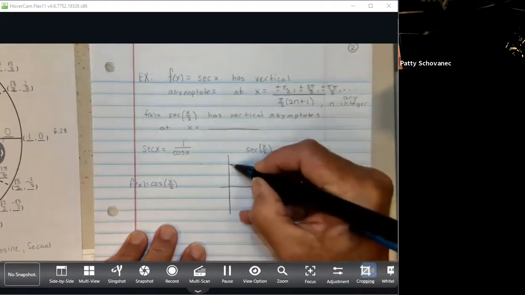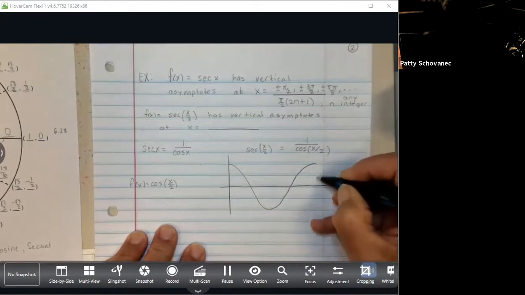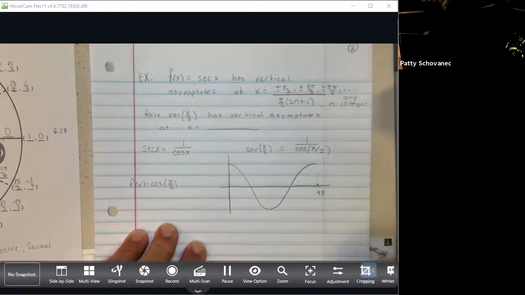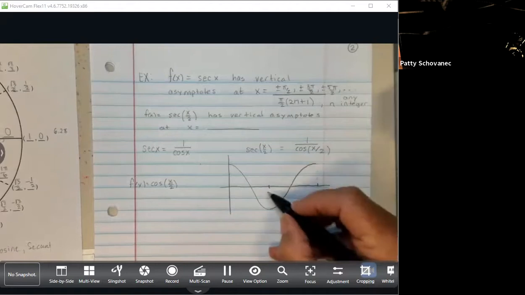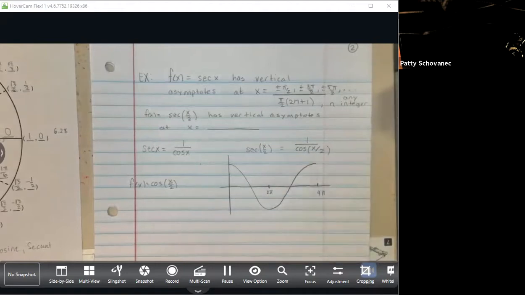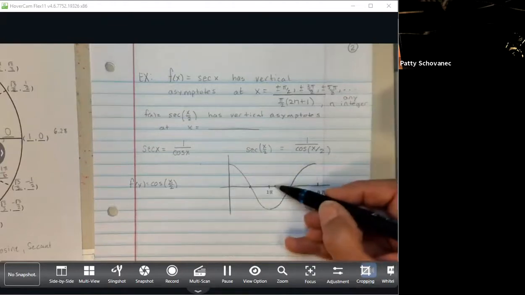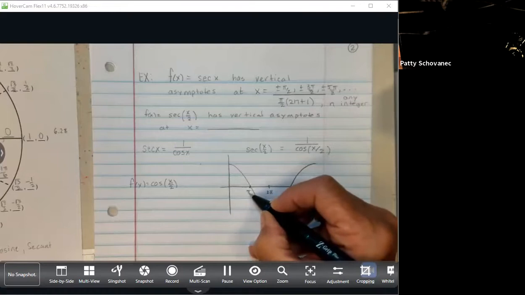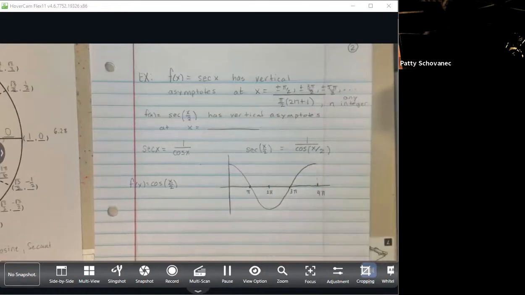So it does one cycle of this from 0 to 4 pi. That middle point there has to be the middle point of this line segment. So this has to occur at 2 pi. That means this 0 is the midpoint of that line segment. So that's going to be at pi. And then just counting over with symmetry, this would be 3 pi.